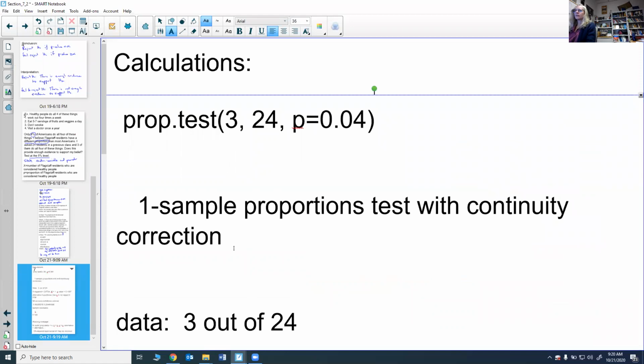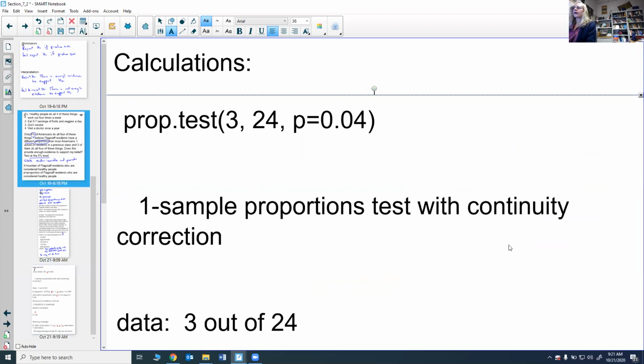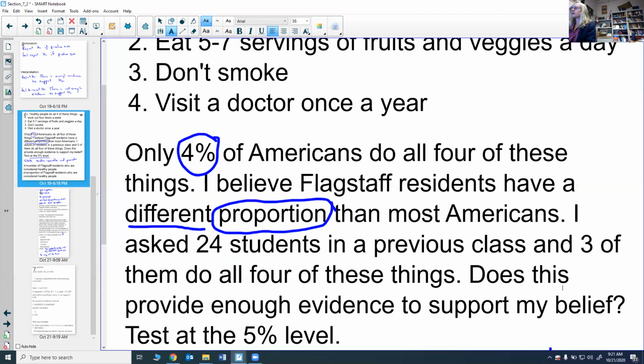All right, so again, what we typed in here is the 3 came from the fact that we had 3 students. So there's my X. When we talked about these 3 students, that is your X value. And then we had our 24, that's our N value.